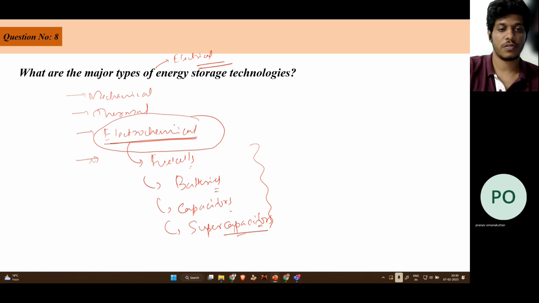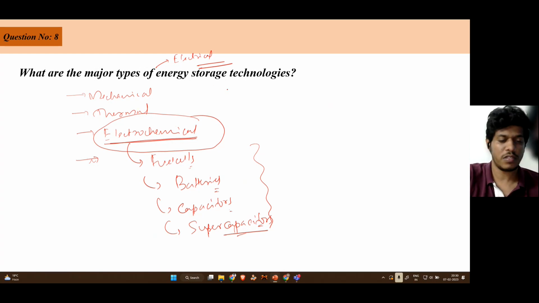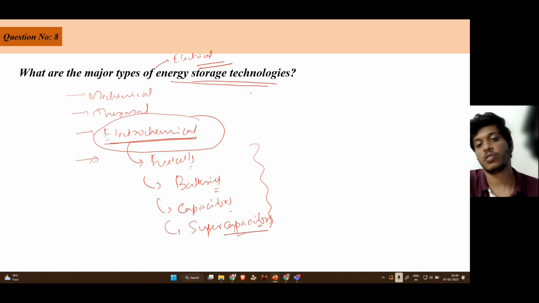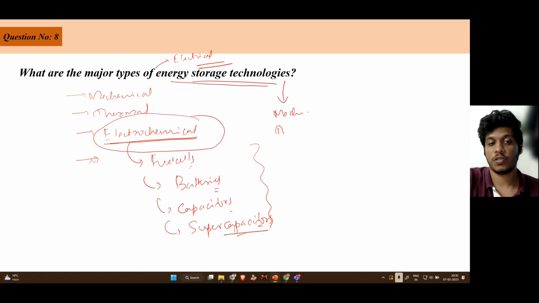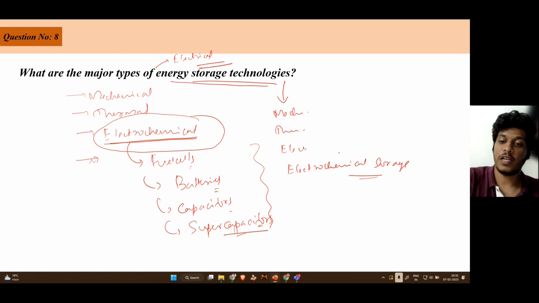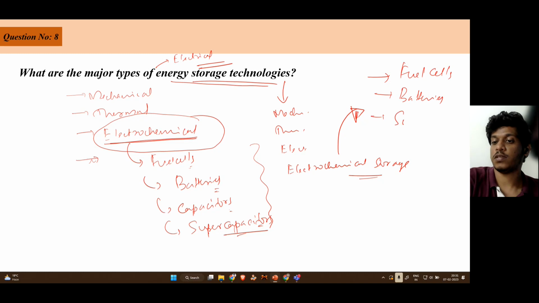If we are talking about energy storage technology, energy can be stored in a variety of manners, ranging from mechanical storage to thermal storage to electrical storage to electrochemical storage, etc. Of the electrochemical storage kind of technology, the three main kinds are fuel cells, batteries, and supercapacitors.